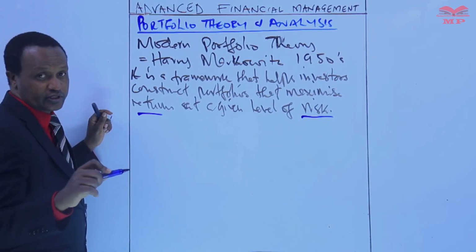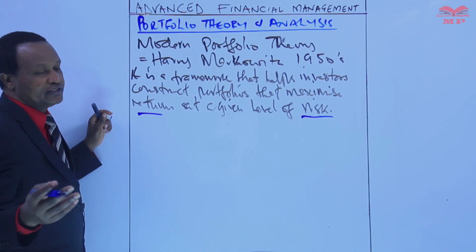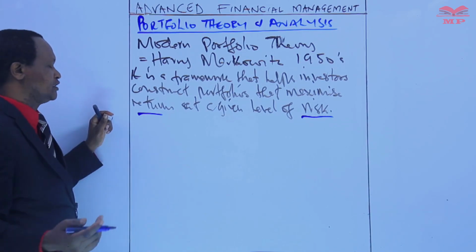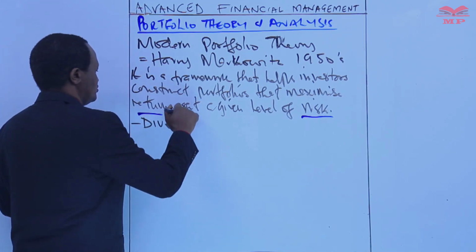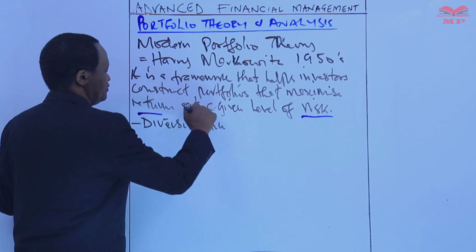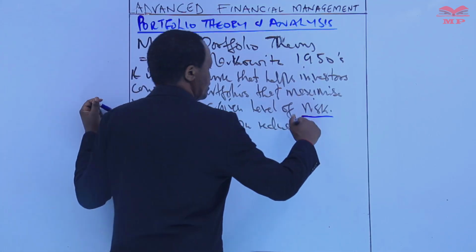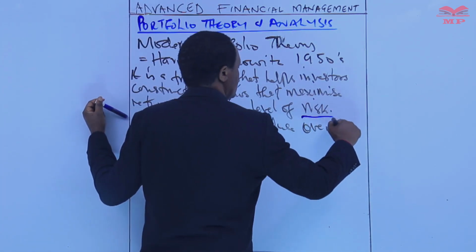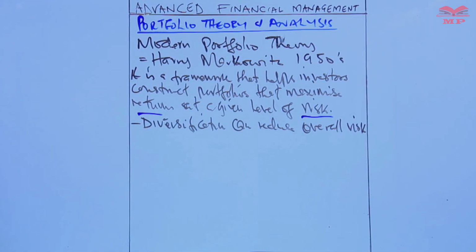The theory is based on the idea that diversification can reduce overall risk.